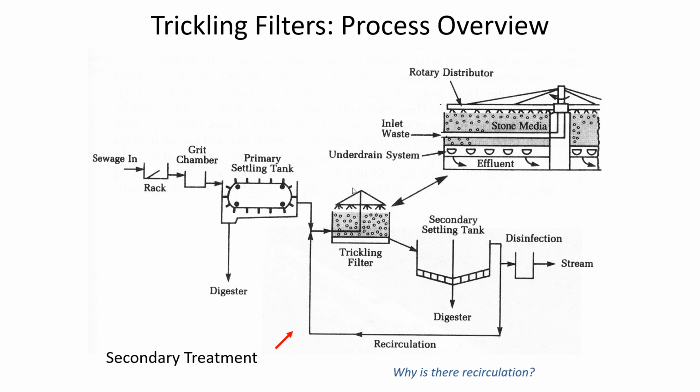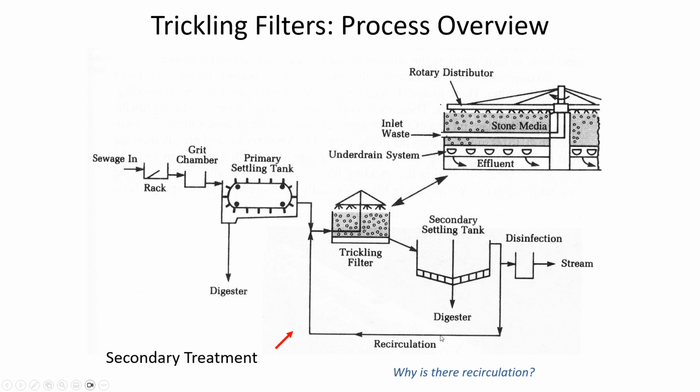So just to give you an idea of where this sits, it would just take the place of the aeration basin. So we still have a bar rack and screening. We still have a grit chamber. There's still primary settling. But then after primary settling, instead of sending the water to an aeration basin, you'd instead send it to a trickling filter.